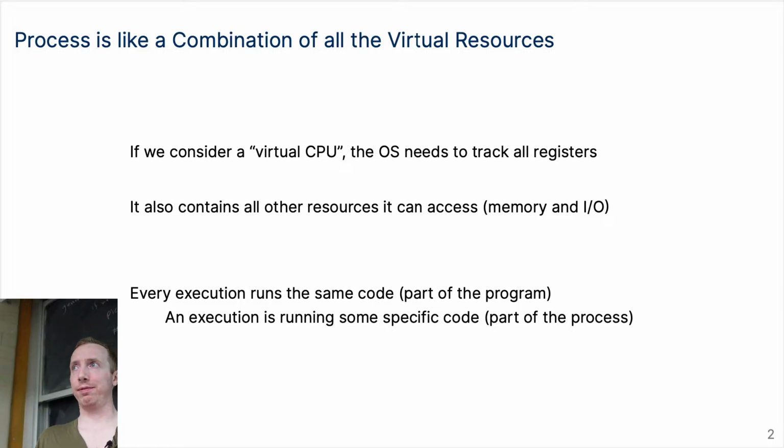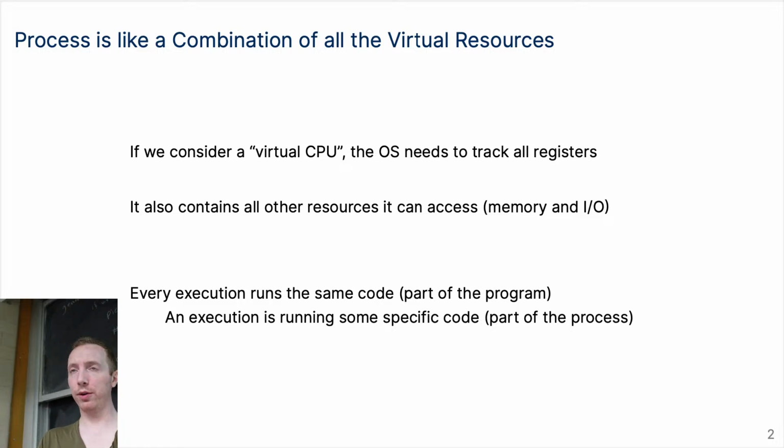To very clearly separate it out, every execution runs the same code. If we have multiple processes of the same program, which you are allowed to do, each of the executions will be running the same code, so there'll be the same block of code in every process. But where it is currently executing, which you can think of as the current program counter, would be different for every process.